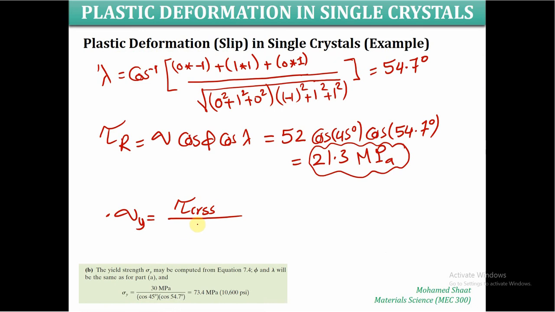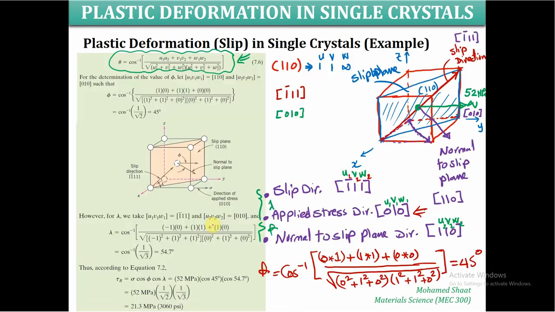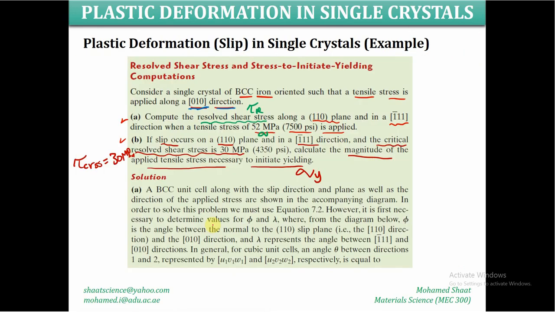So this simply is going to be the maximum resolved shear stress divided by sigma, which is the normal stress. This is to calculate the yield strength. So it equals the critical shear stress, which was given to us as 30 megapascal, divided by how much is this tau r maximum. He said to assume that the maximum resolved shear stress takes place following this slip system.